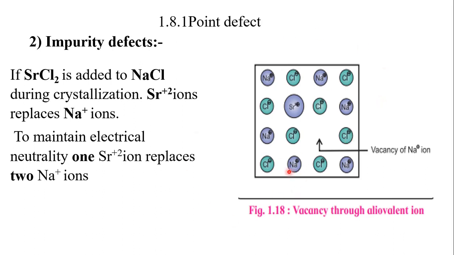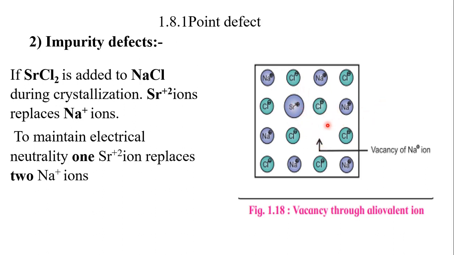So such a type of defect is called what? Vacancy created through aliovalent ions, or it is also an example of substitutional impurity defect, because the strontium +2 ion replaces or displaces the sodium ion, but because of its higher oxidation state, one strontium ion replaces two sodium ions.